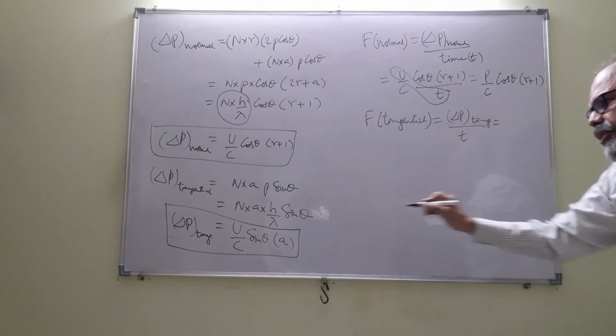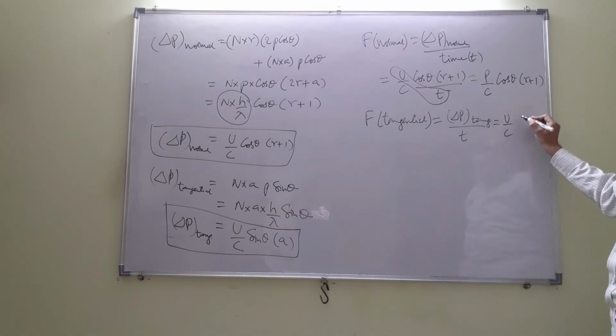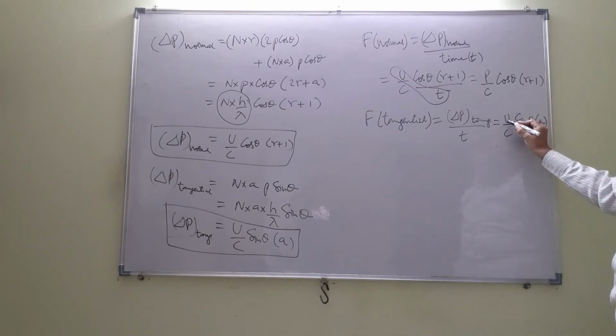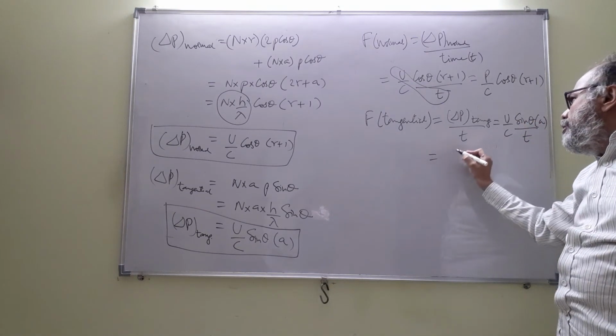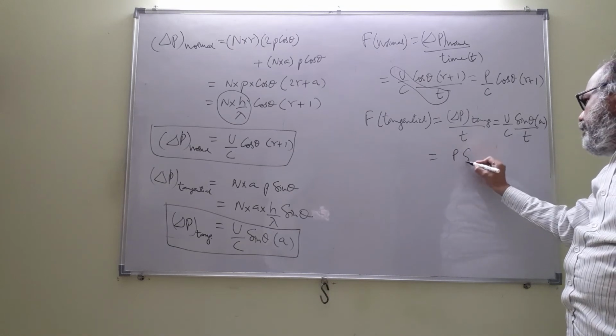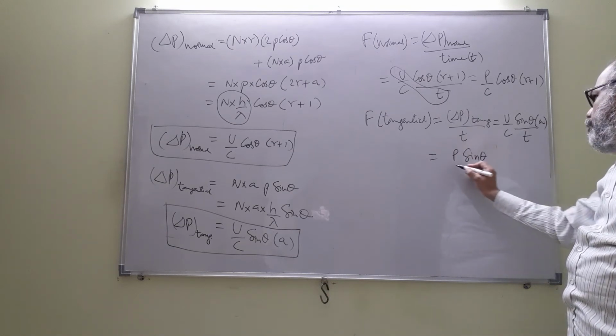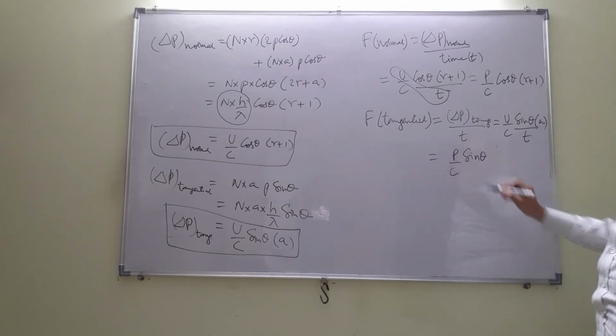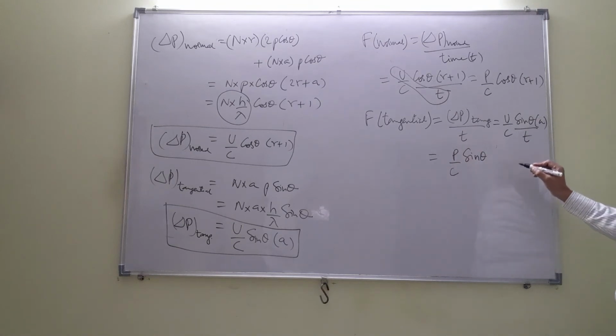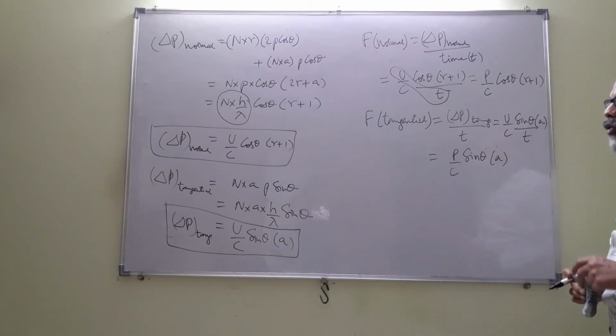Delta P tangential is u by c sin theta into A, divided by t. u by t is again the power. So P by c, P is the power, sin theta into A. That is the tangential force.